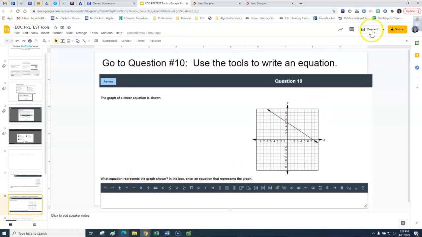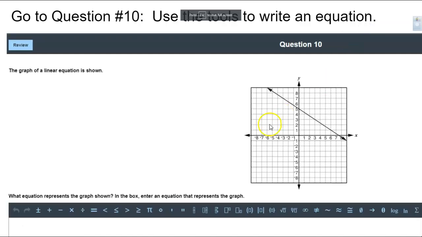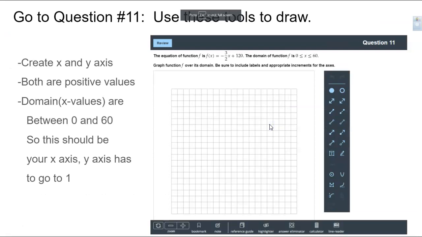So let me quickly come back here. On number 11, you have to use those tools to draw. So you're going to create an X and Y axis. Both of those values have to be positive, because in the actual answer it says you use your domain, which is your X values.